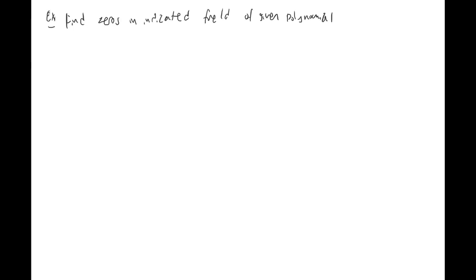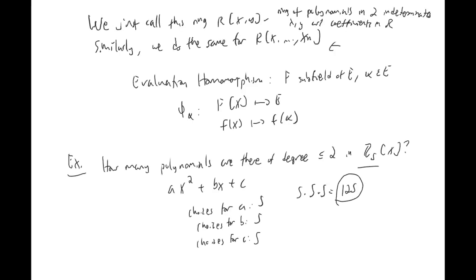We included everything: we said there were 5 choices for a, and that includes 0, because we're in Z5, so it's 0, 1, 2, 3, 4. So one of the cases would be 0, 0, 0, and that would be the 0 polynomial. Exactly.